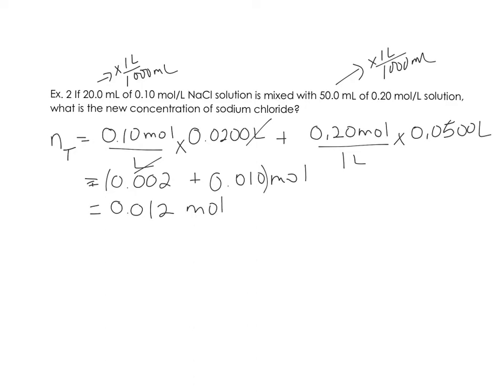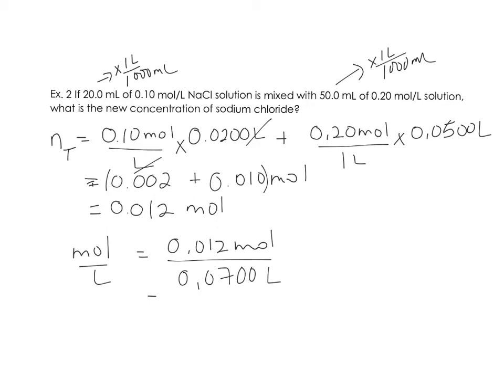Our total volume is 50 plus 20, so 70 milliliters. So we want moles per liter, so we take our moles, divide by our liters, and we get 0.17 moles per liter.